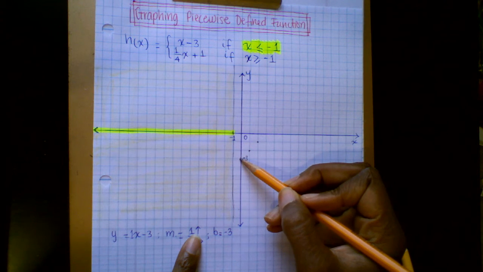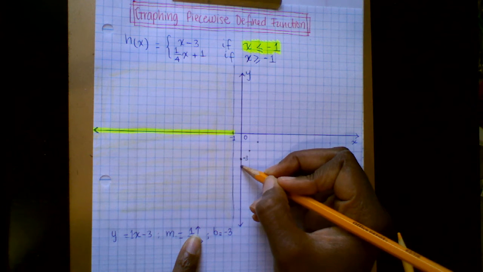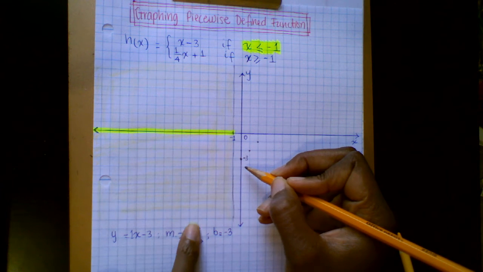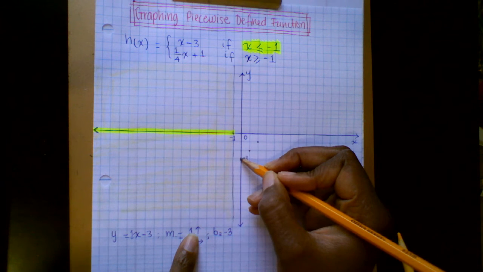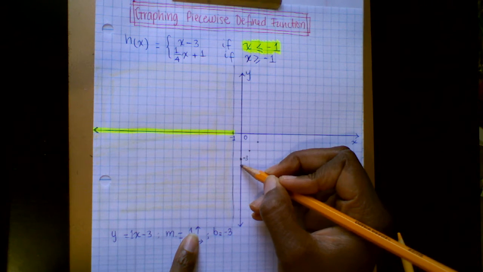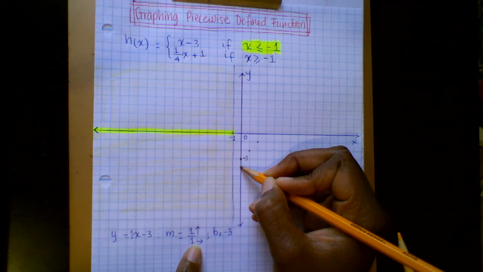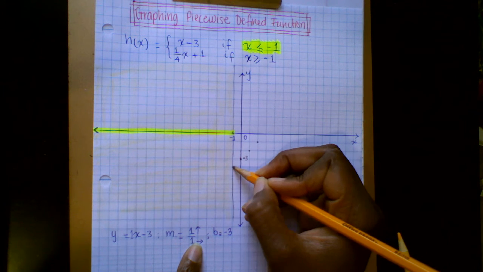I want to draw the line on the other side. So I'm going to do the opposite of the slope's direction for the rise and the run. Instead of going up, I'm going to go down 1. And instead of going to the right, I'm going to move to the left 1.